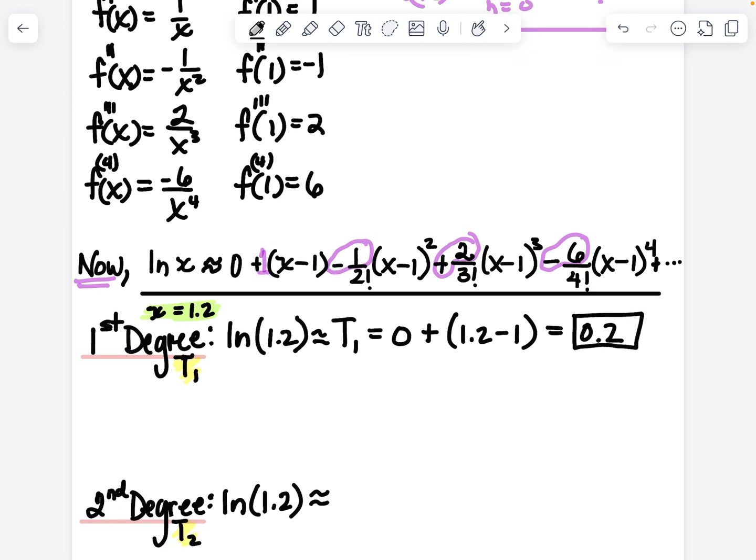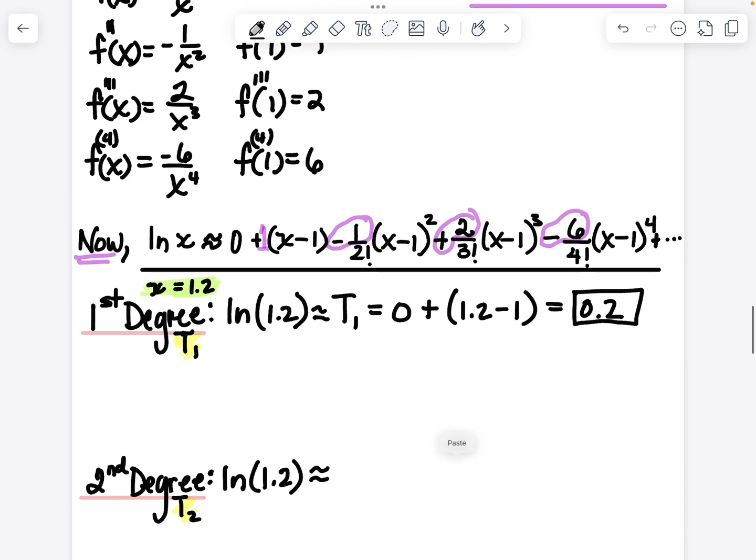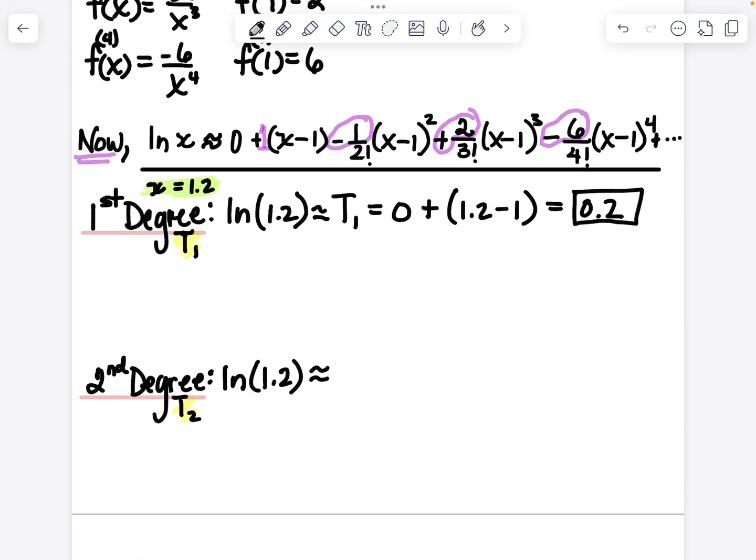And then we're going to do the second degree terms. This is going to be approximated by T2. That's going to be 0 plus, and remember, that's taking the first 3 terms, the quantity 1.2 minus 1, minus 1 over 2 factorial times 1.2 minus 1, squared.